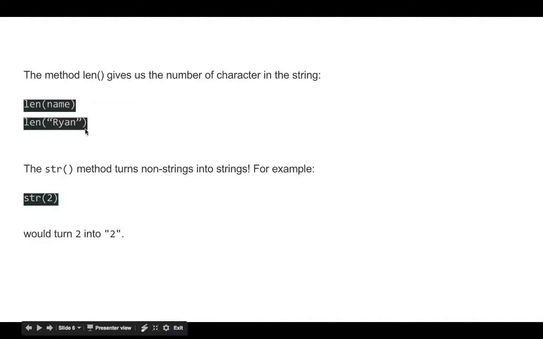Or I can use directly the value of the string. The string method turns non-strings into strings like this. So if I have a number, I can turn it into a string. It will still be represented with the same characters, but it will not have a numeric value.